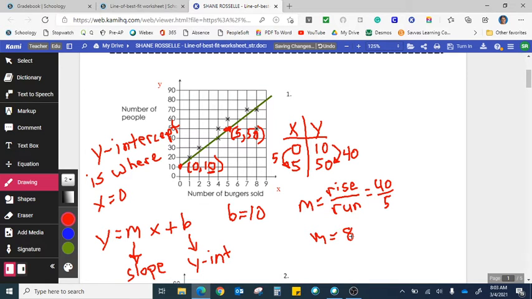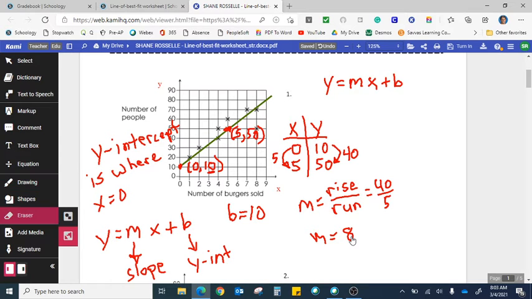Now I go up to the top and plug it in. So y equals mx plus b. Let's replace m with 8.